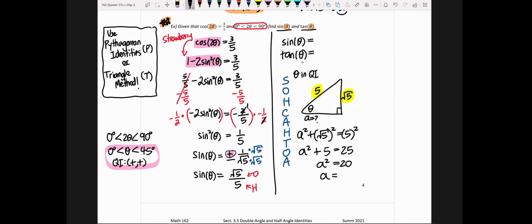A comes out to be plus or minus root 20, but in a right triangle, we don't have to worry about minus because the lengths in a right triangle are always positive. So this is going to be square root of 20. We'll just circle the plus. Simplifying that, 20 is 4 times 5, so square root of 4 times 5 is 2 root 5.